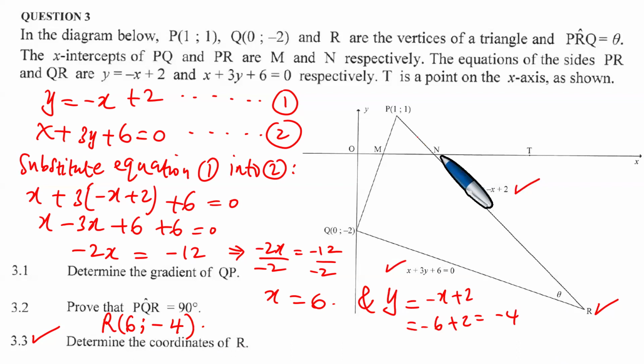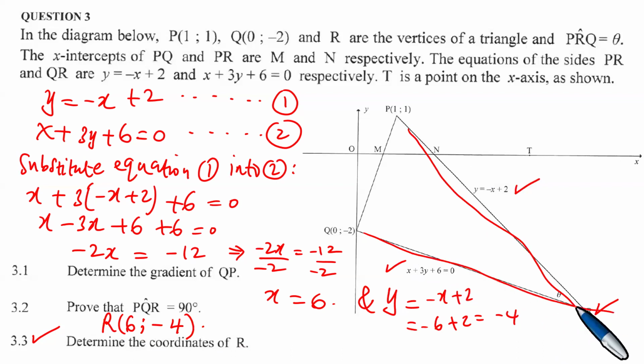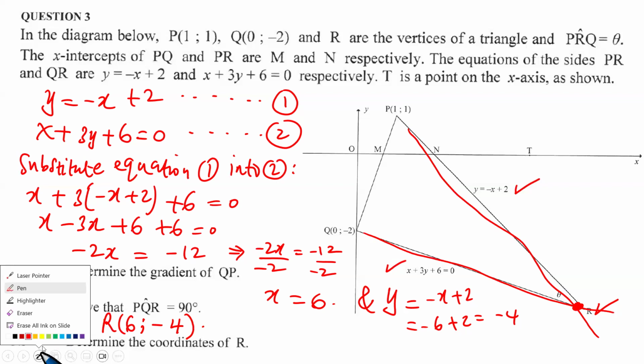We realized that there's a line here whose equation we know, and another line exists whose equation we know. They meet at a point, and when they do, we have a point of intersection. That point of intersection is the point R, and the coordinates have been found: exactly 6 and minus 4. Next question.